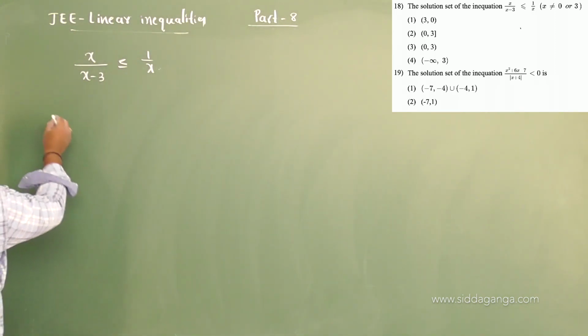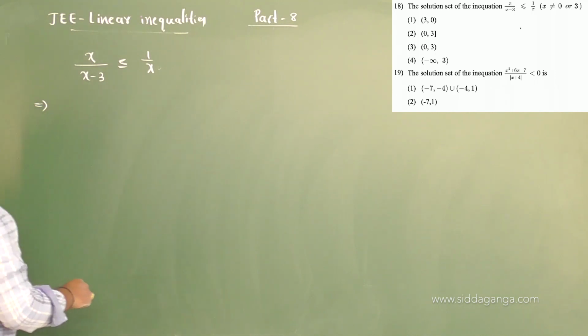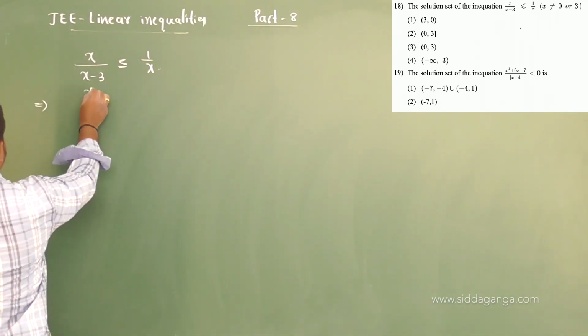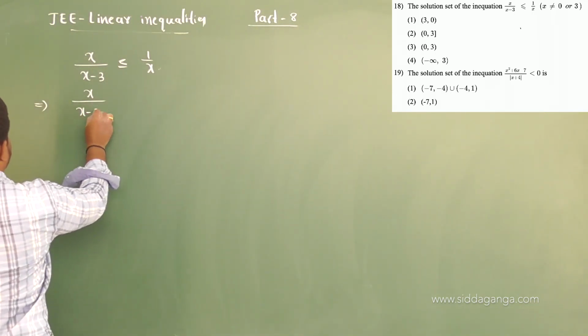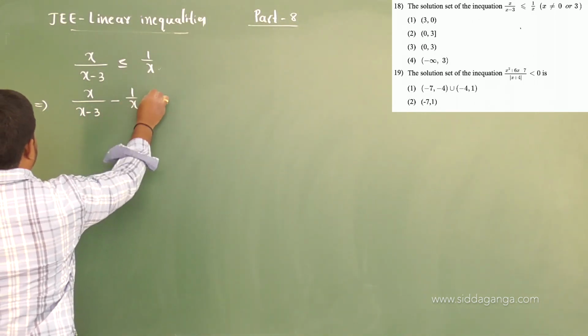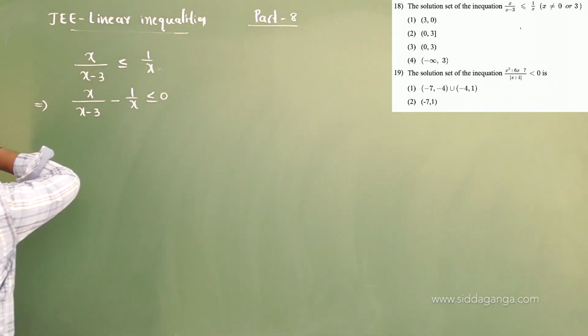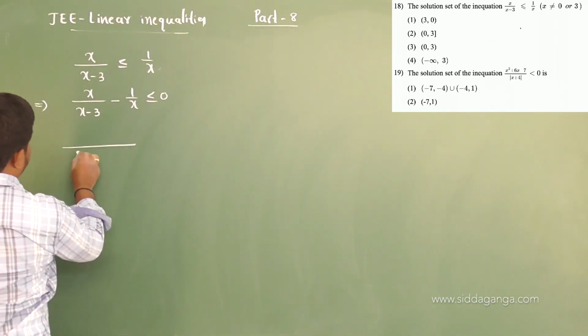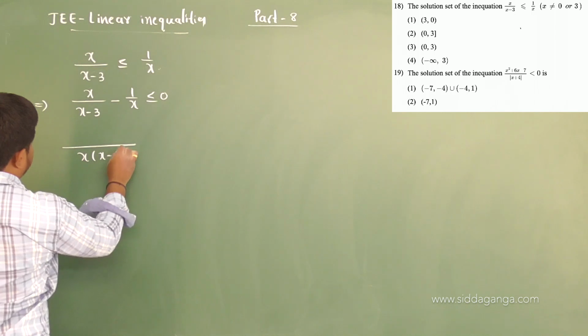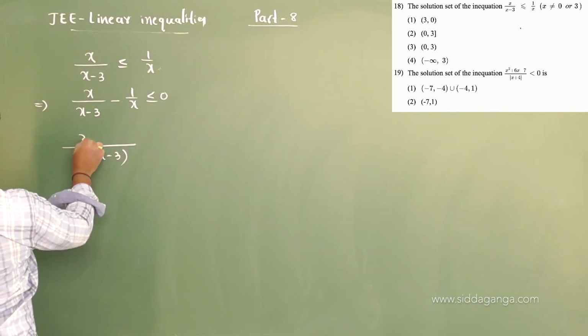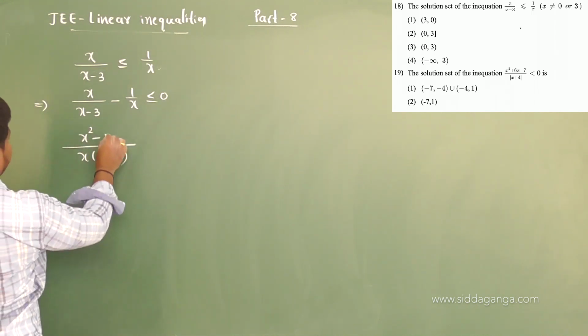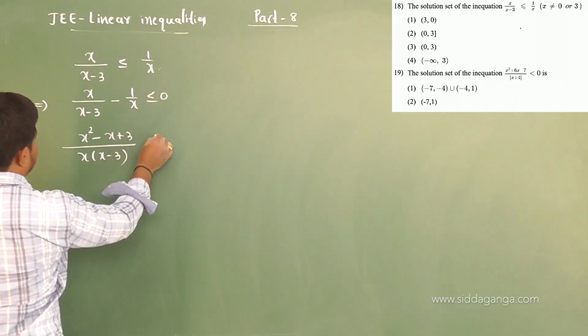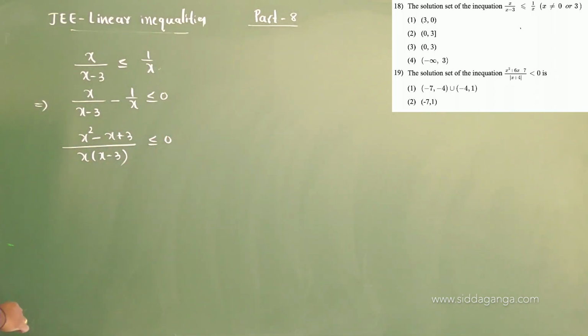Okay, let me solve this. Let me add minus 1 by x on both sides. You get x by (x minus 3) minus 1 by x less than or equal to 0. Let me simplify this. x into (x minus 3). So x square minus (x minus 3), that is x square minus x plus 3, less than or equal to 0, right?